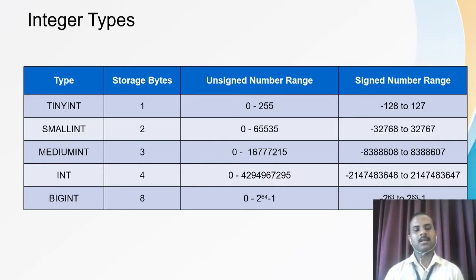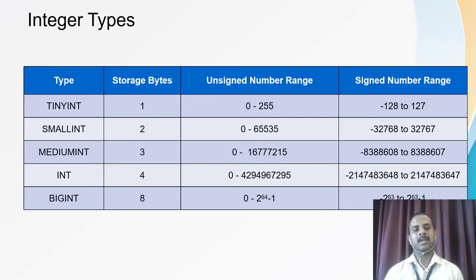In the same manner, medium int uses 3 bytes, that means 24 bits, and the significant bit is used for the sign. So minus 2 to the power 23 to 2 to the power 23 minus 1.